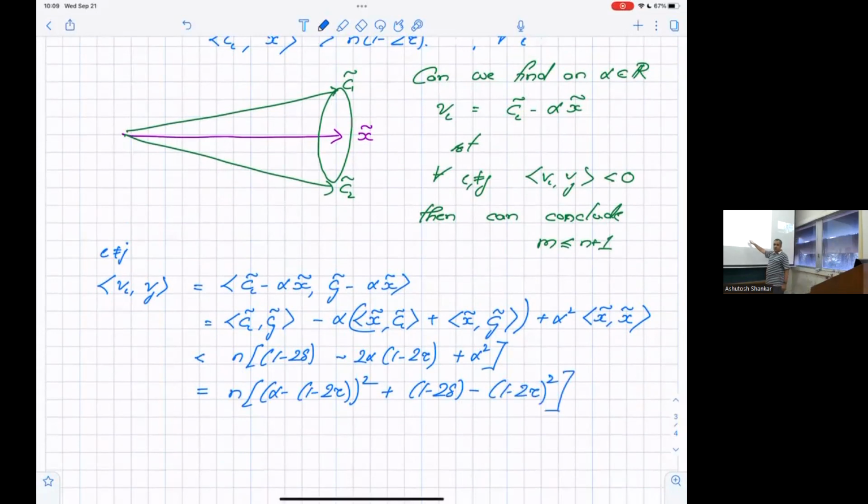As long as this quantity is negative, we are done. The question is what alpha to choose.